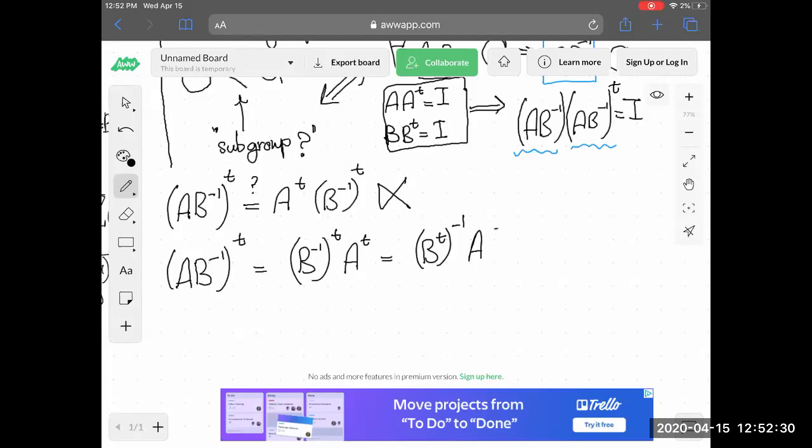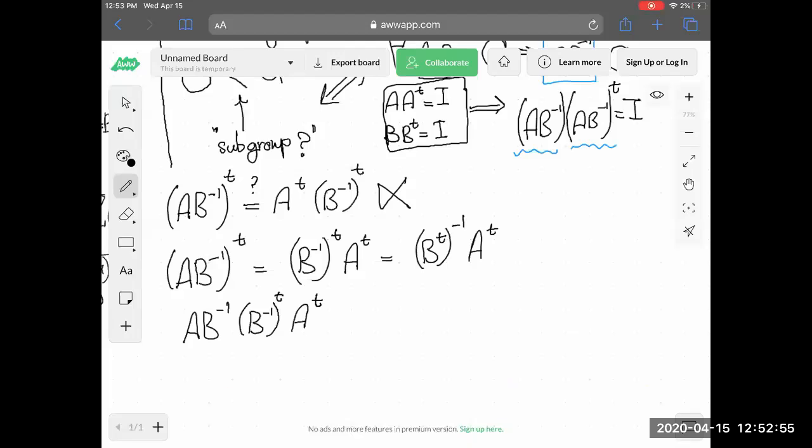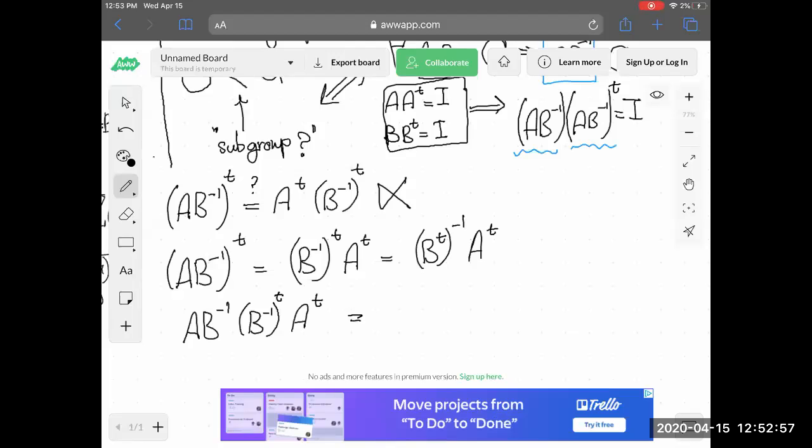which is equal to B transpose inverse A transpose. So if we go back and look at what we have above, we have A B inverse, B inverse transpose, A transpose. Okay, what can I do with this one? What can I say about that? So the point is that if you look at this part, I have B inverse times B inverse transpose.